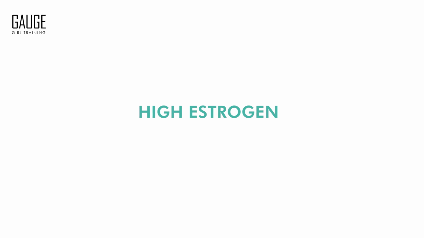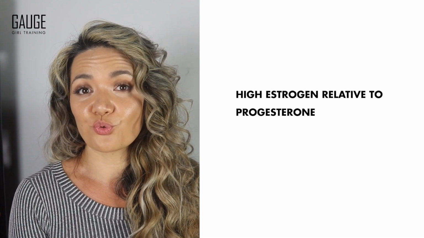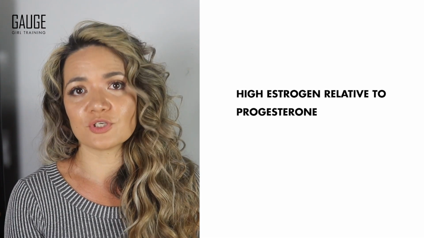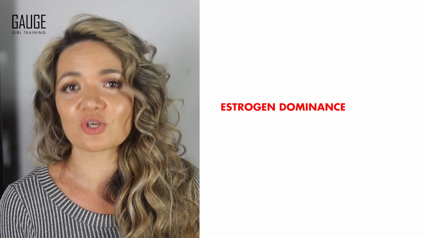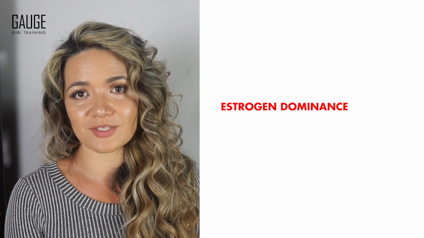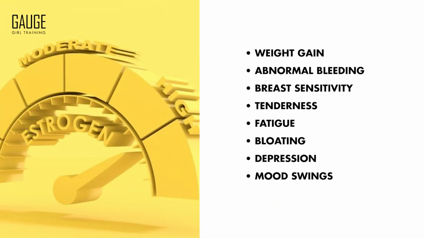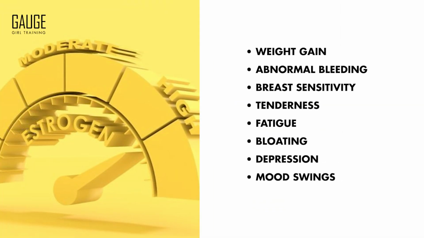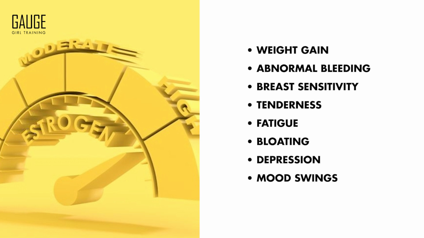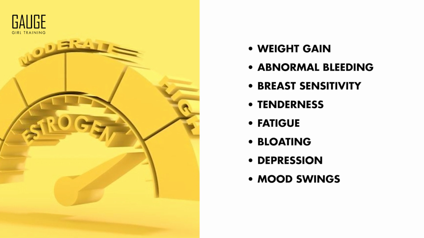The next thing you want to consider is the case of high estrogen. Now, high estrogen typically means high estrogen relative to progesterone, which is a situation called estrogen dominance. Excess estrogen does lead to health issues such as weight gain, abnormal bleeding, breast tenderness, fatigue, bloating, depression, and mood swings.